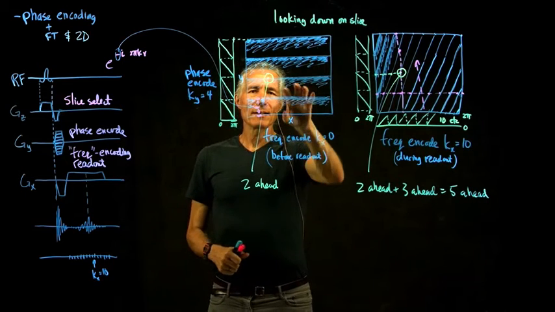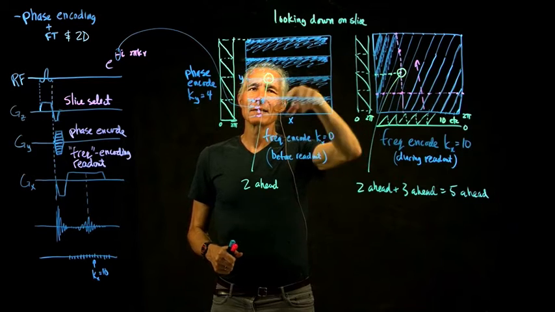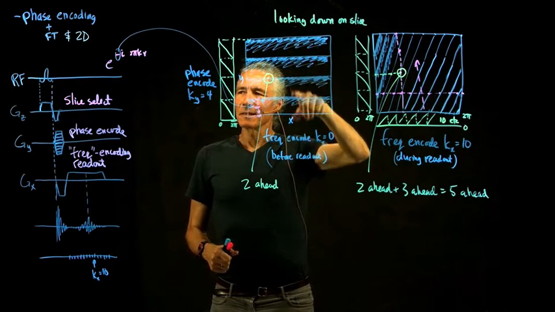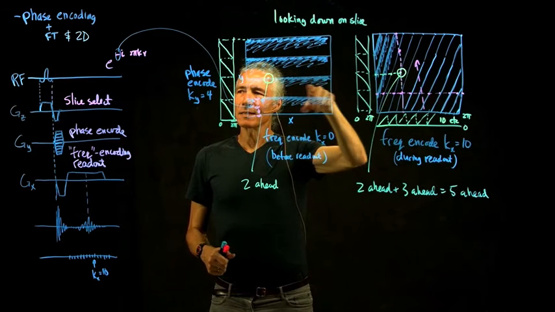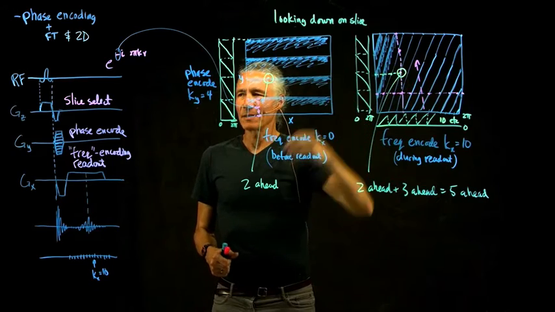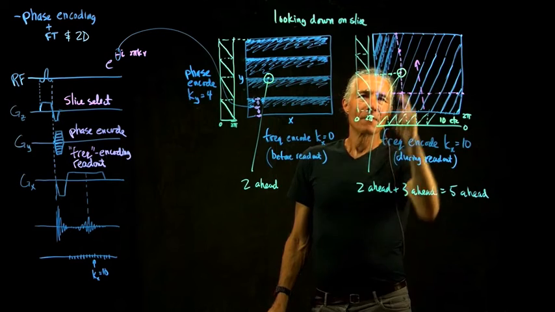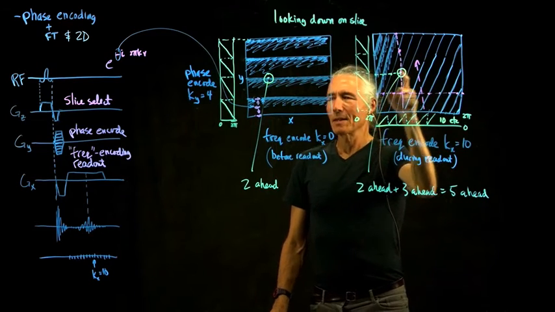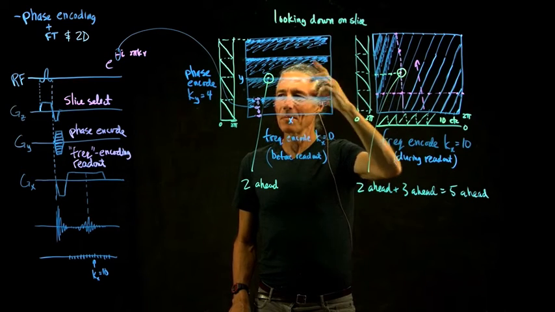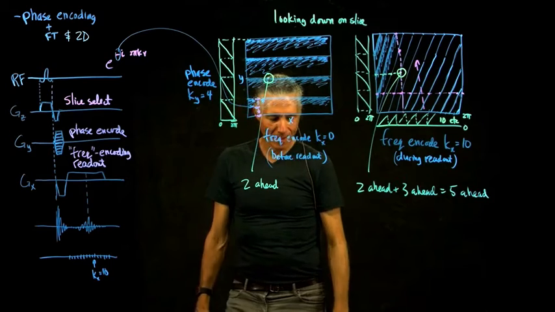And the way that they manage to not interact with each other is just because of having a circular variable, and when you apply these gradients in perpendicular directions, you essentially can't see the wraps in the other direction. But physically, what actually happened was the guys here are 5 ahead, but here they're 2 ahead. But you didn't mess up. They didn't interact with each other.